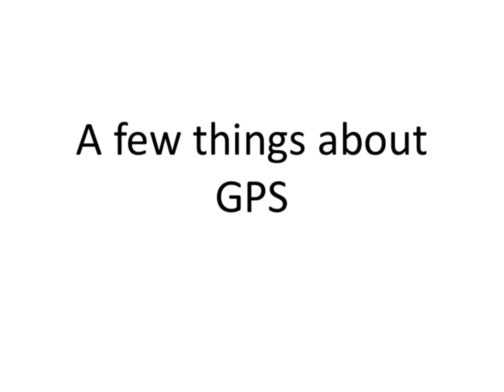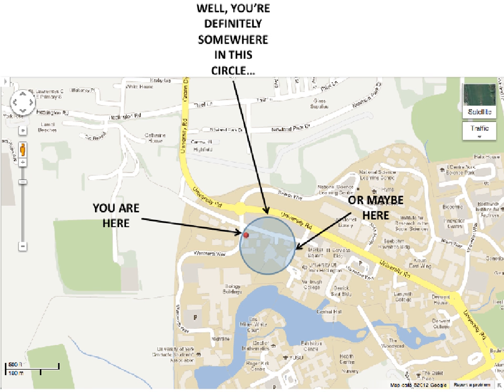A few things to say about GPS, Global Positioning System. It tells the device where it is. GPS relies on a combination of factors to determine where you are. At its most basic, it tells you where you are based on the phone mast you're getting your data from.